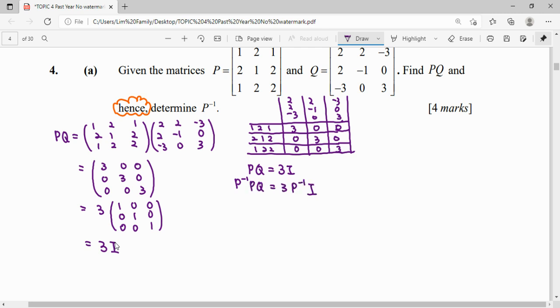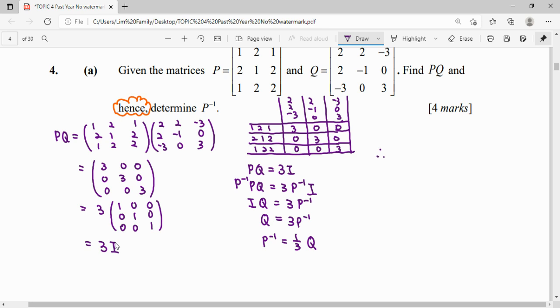P inverse with P gives identity. P inverse with identity gives P inverse. Identity with Q is Q. So finally, from this relationship, P inverse is equal to 1 over 3 Q.